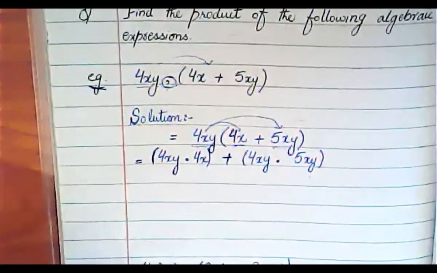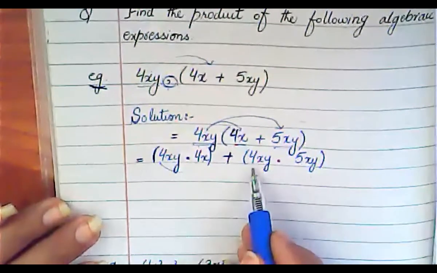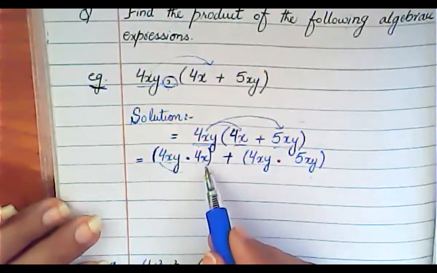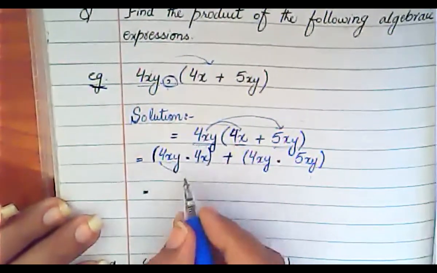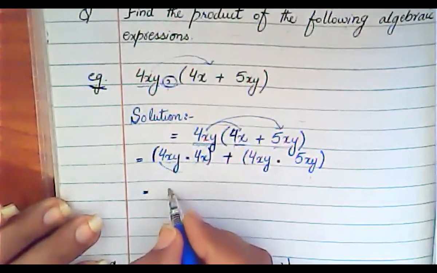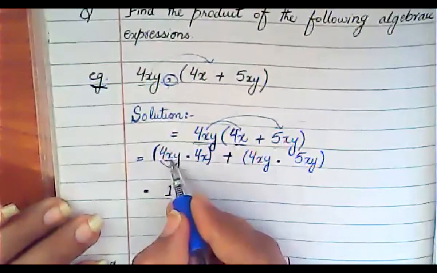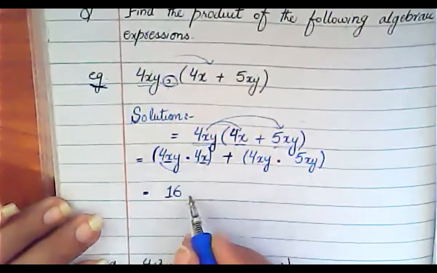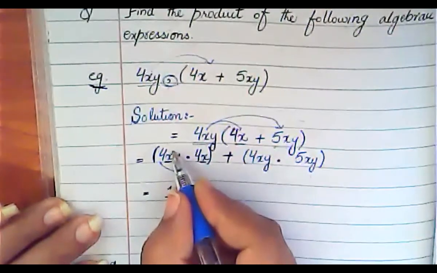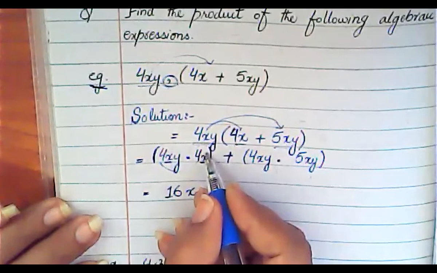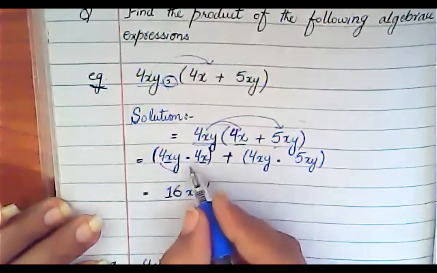Now, as you have learned, coefficient is multiplied with coefficient and for the same variables, powers will be added. So you will write here 4 multiplied by 4 will be 16, and the same variable. Here you have x and here you have x, so you will write it only one time and add their powers. The power of x here is 1, here also 1, so I'm going to write 1 plus 1, and then y.